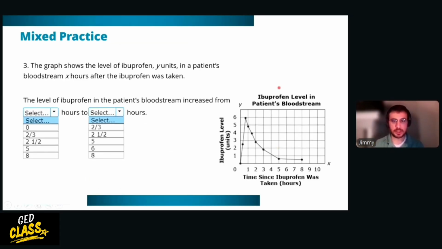The poll that fellow teacher Benji is going to be pulling up is going to give you a chance to select options for the two parts of this question. So again, start by identifying what you're being asked for and end by checking that you actually provided that for this question. All right, so 2 minutes, see what you can do for this question, and then we'll review together. Go for it.